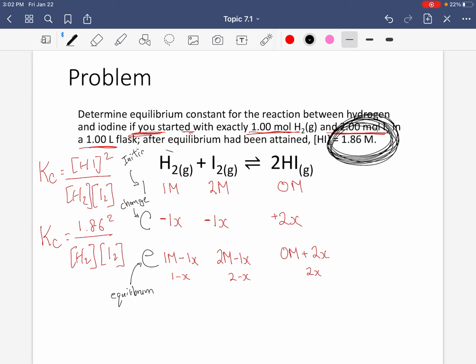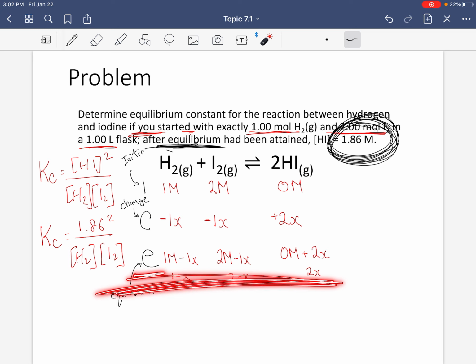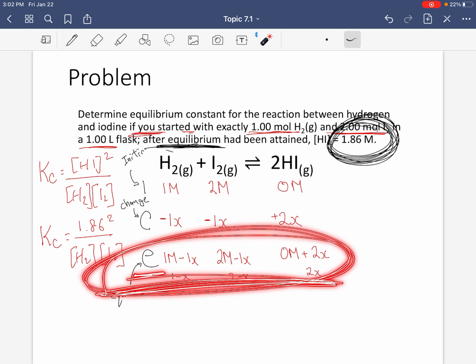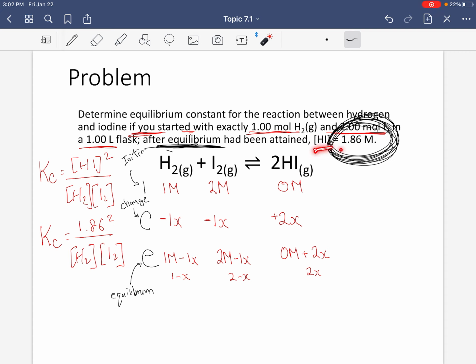It says that when equilibrium has been established here, HI is 1.86. That means 2x is equal to 1.86.